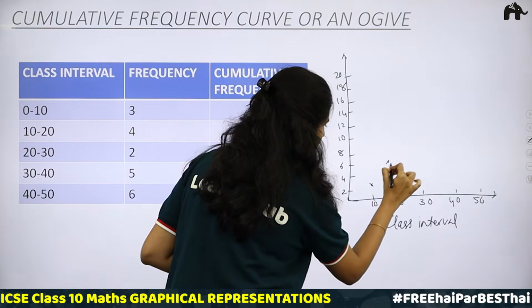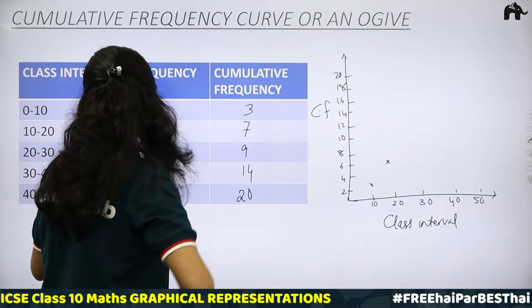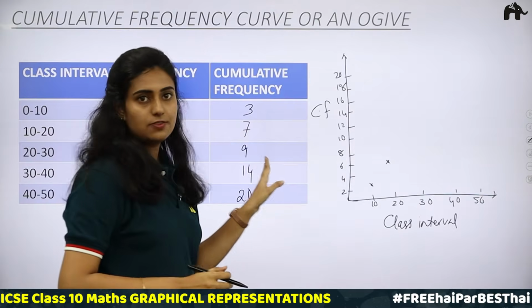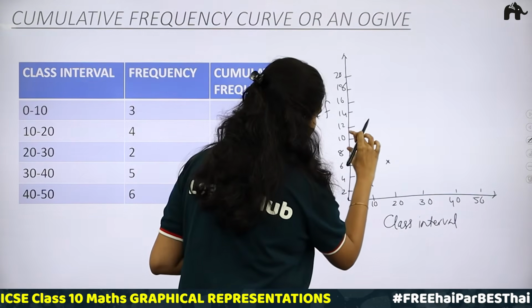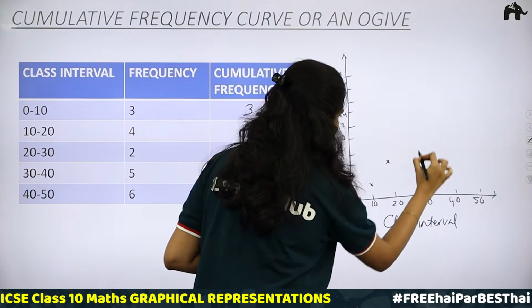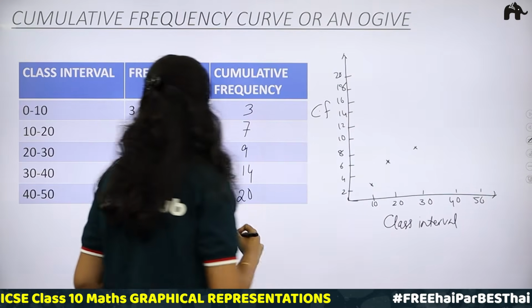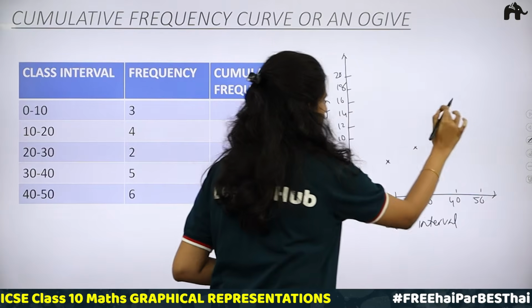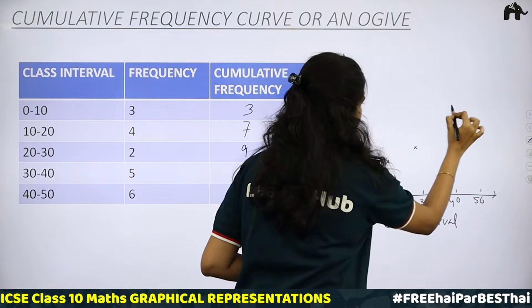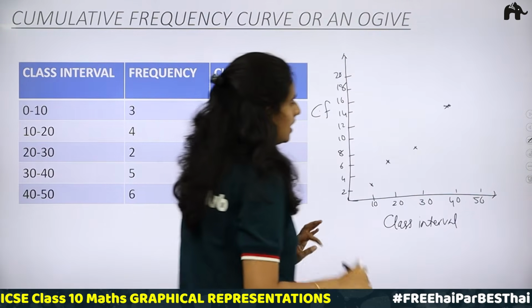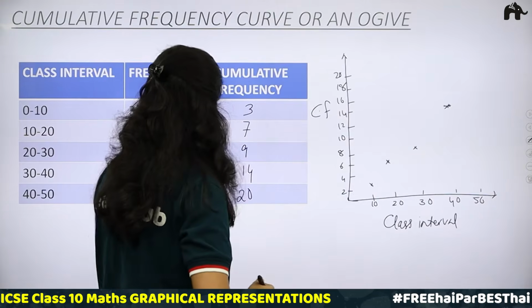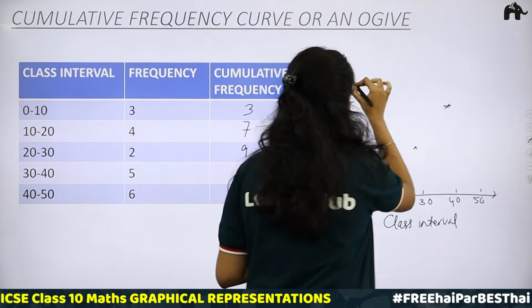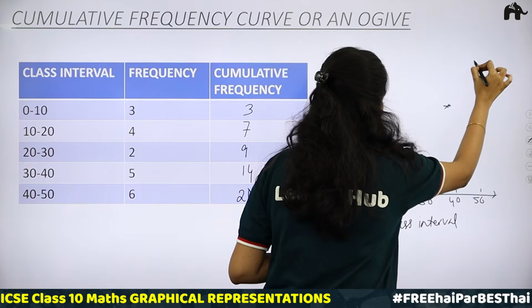Next, 30 upper limit, the cumulative frequency is 9. Between 8 and 10 you will be having 9. Then at 40 you have 14, so you get the point here. Next, at 50 upper limit you have cumulative frequency 20.